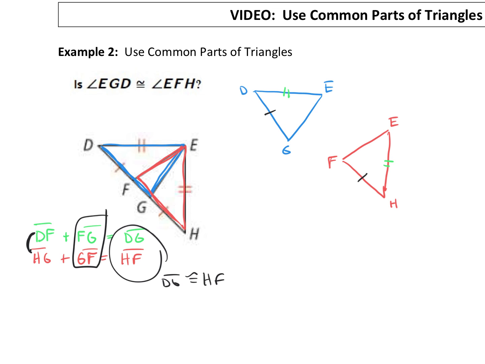Well, if you have two congruent sides, that makes, let's write it off to the side, triangle DEH isosceles. When you have an isosceles triangle with two congruent sides, that means that those base angles will be congruent. So the angles opposite each of those sides will be congruent. So we're going to mark this angle H congruent to this angle D. So angle H is congruent to angle D.